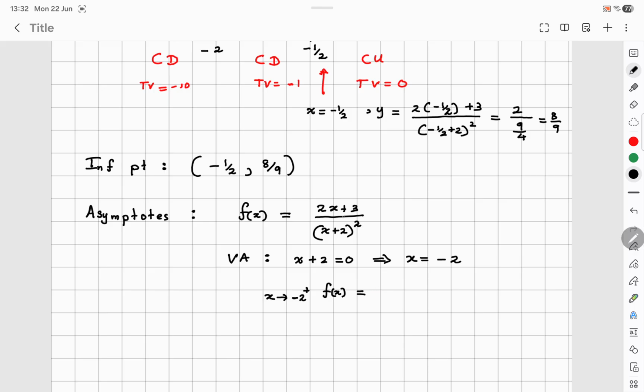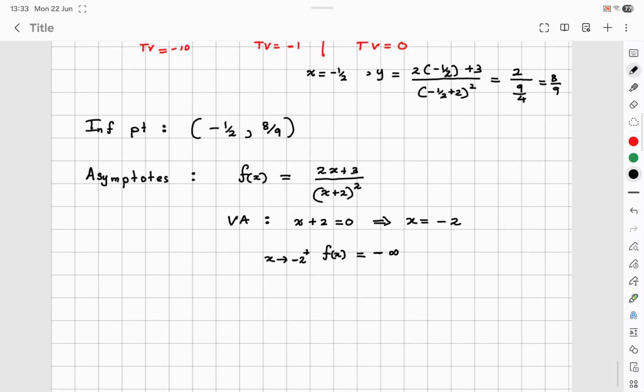Let me check what will happen. It goes to infinity as x approaches -2. So you have a vertical asymptote at x equals minus 2. When x goes to minus 2 plus, your f(x) function value goes to infinity. So you have a vertical asymptote there.